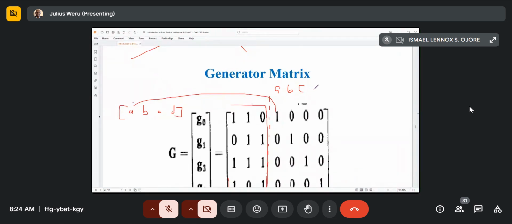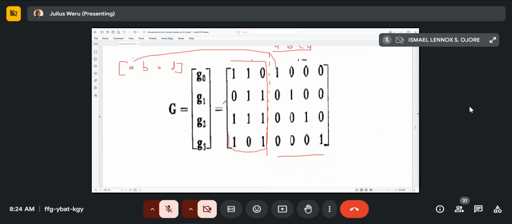So this is what gives you the systematic code. The fact that you have got this part gives you that systematic code.